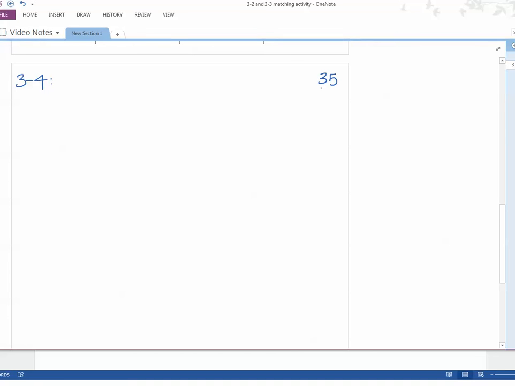So you can just open up your notebook and write this down. I'm not going to have a printout or foldable or anything for this. And the title of 3.4 is, I think, using corresponding parts of congruent triangles.